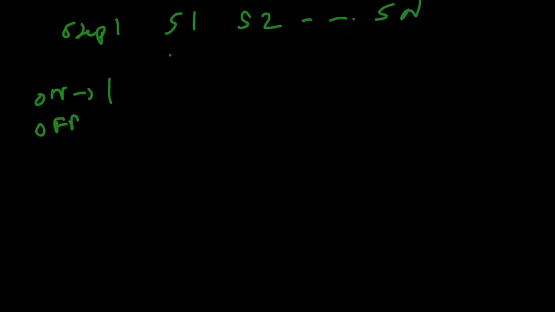So step 1, let's say we have S1, S2, Sn, and all of them are off. Let's represent on by 1 and off by 0. So initially we would have this one be 0, this one 0, and this one 0. All of them are off first. This is the first step.